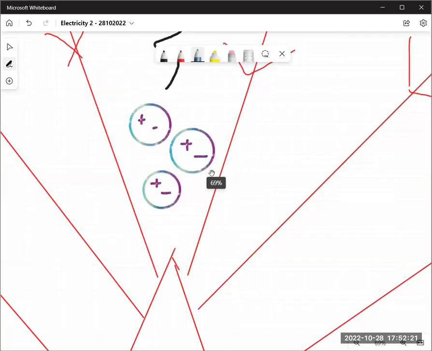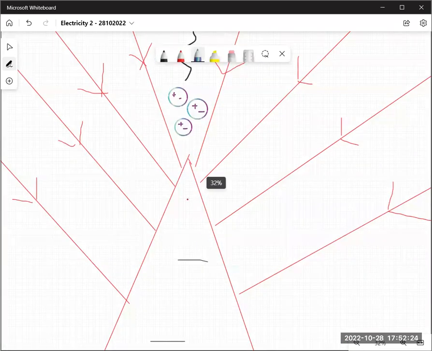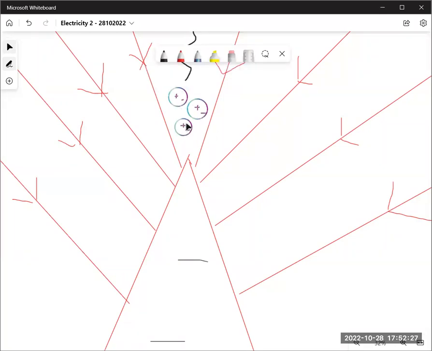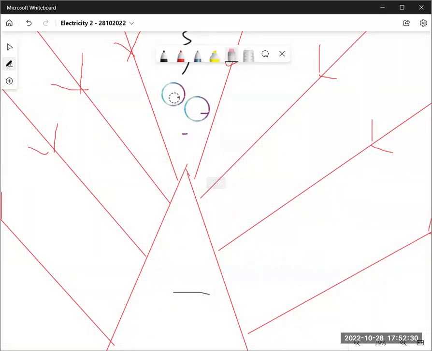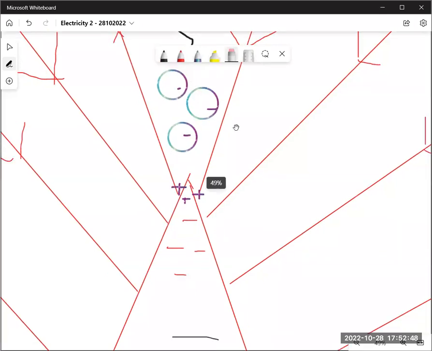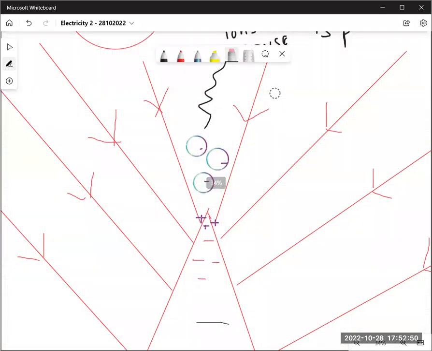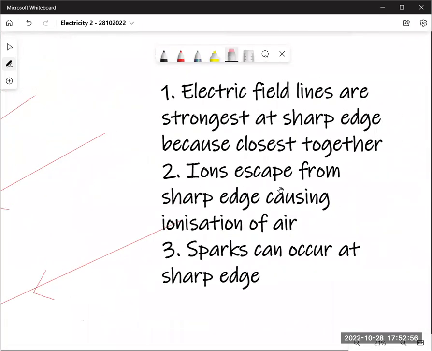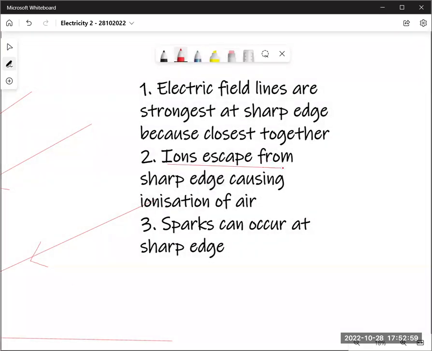But since the field is so strong, they're going to pull all these positive particles outside towards this. And what are we left with then? If all the positive charges go to this point right here, because over here we have negative charges, they're very strong, so they pull all the positive charges towards over here. At the end, only the negative particles are left. So the air, which was neutral, is becoming ions. Ions escape from the sharp edge, causing ionization of the air.